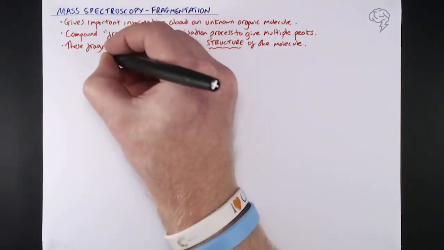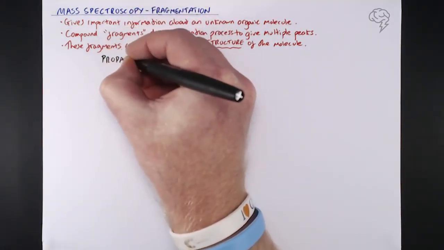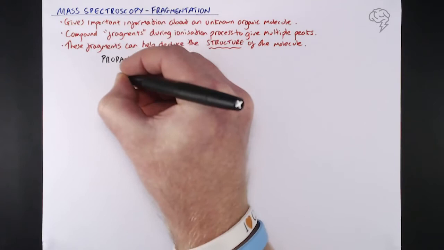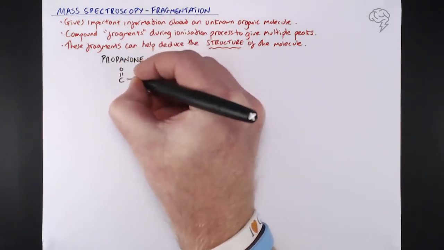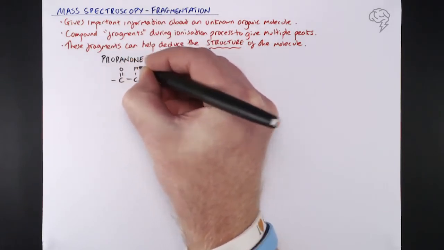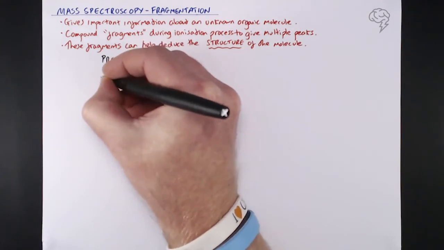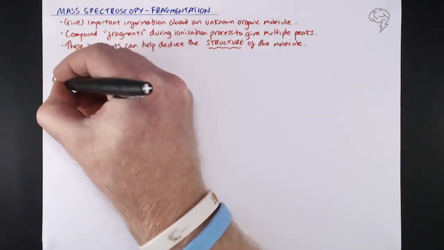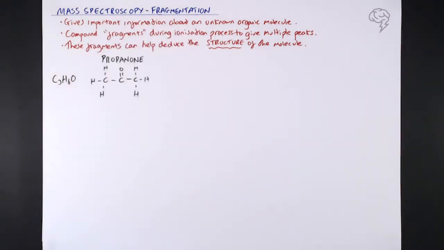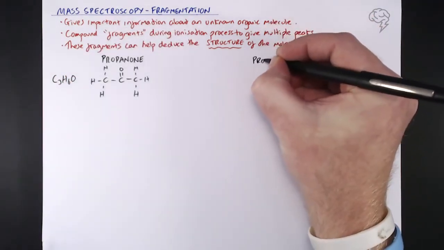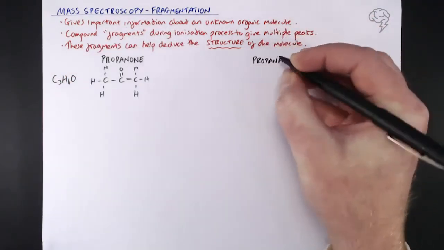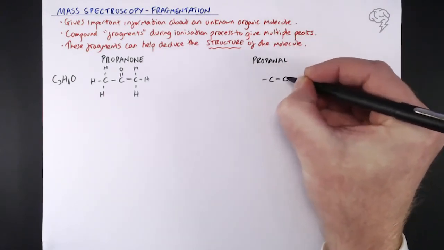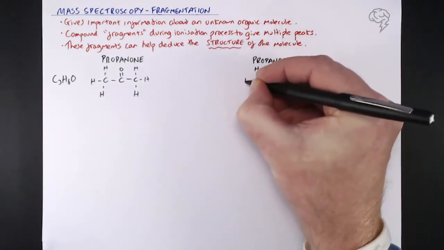So first up, we've got propanone. Propanone, of course, is a ketone, a 3-carbon ketone. So we've got that 3-carbon chain, that double bond O right in the middle, and we've got two CH3s either side of it. Now the molecular formula of that, of course, is C3H6O. Propanal, conversely, is another 3-carbon molecule and has the same number of carbons, hydrogens and oxygens, but they're arranged differently.